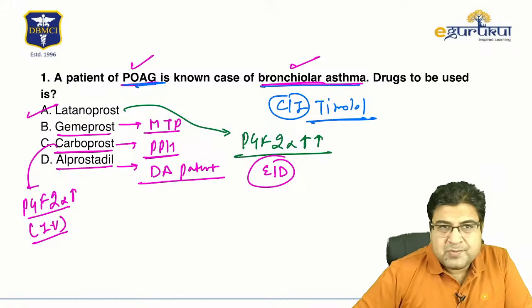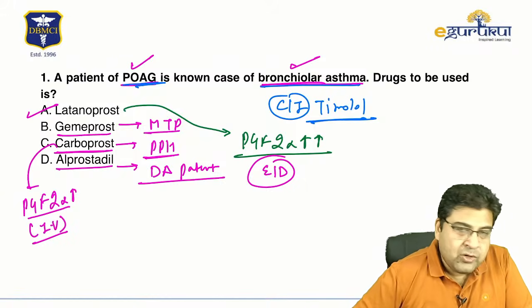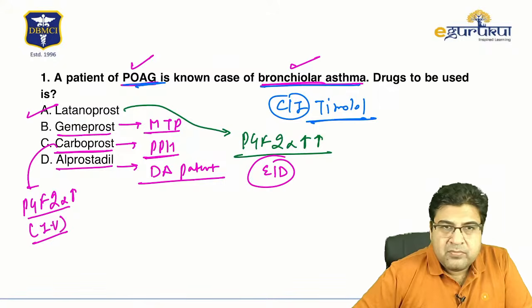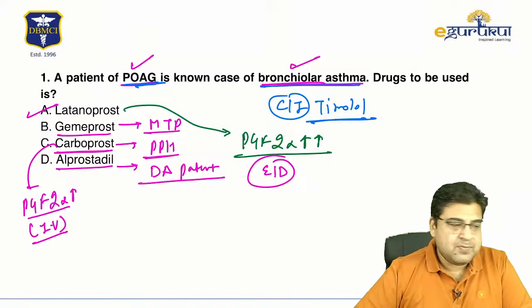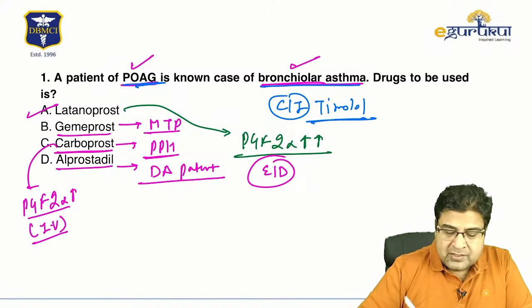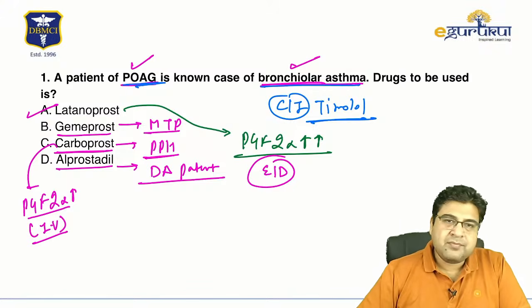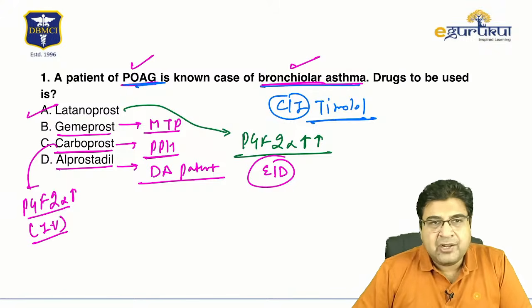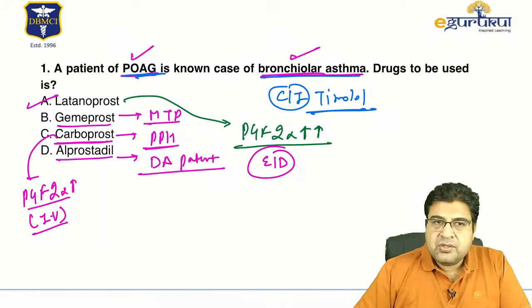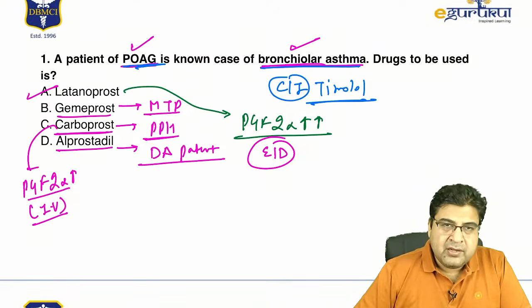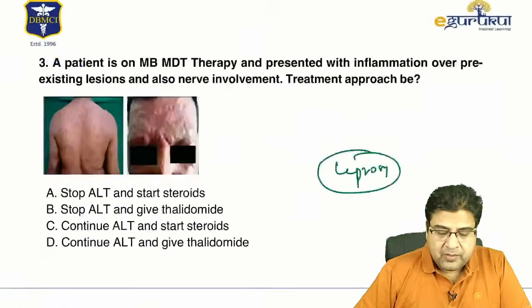But here I am giving latanoprost as an eye drop, and studies have not shown that it can cause significant bronchial asthma. One more reason, guys: in this MCQ, there is no other possible answer. So that's why we have gone for latanoprost. So question number 1, the best answer is latanoprost only.